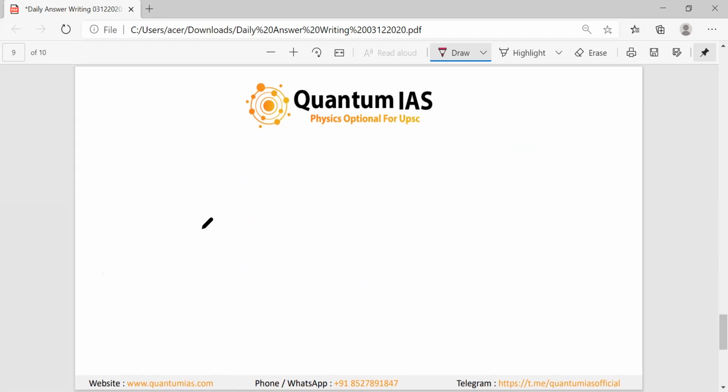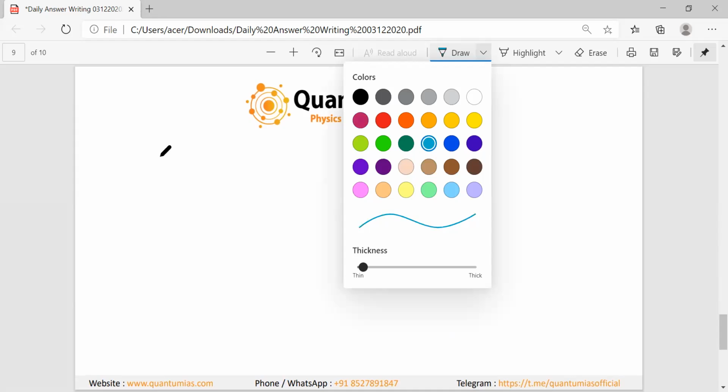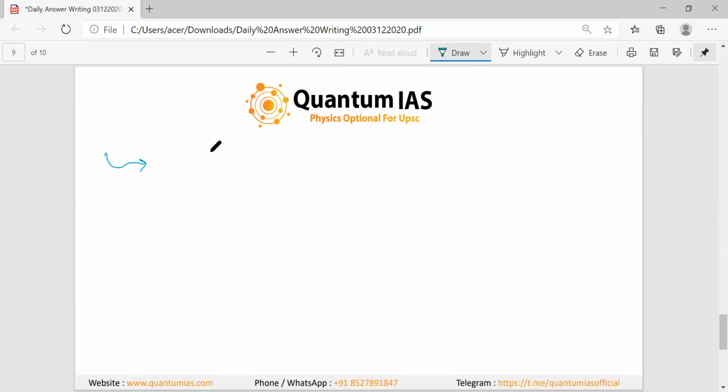So this is about the introduction and the body part. What should we write in the conclusion? In the conclusion, you can write the application: the translational motion of the body is equivalent to the translational motion of the center of mass. You can simply write this line.